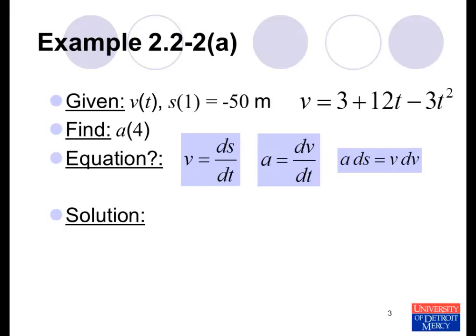In these rectilinear kinematics problems, we can basically solve everything from these three equations. So velocity is the time derivative of position, acceleration is the time derivative of velocity, and then if we combine these two equations by eliminating the dt, we can come up with this other form of an equation.